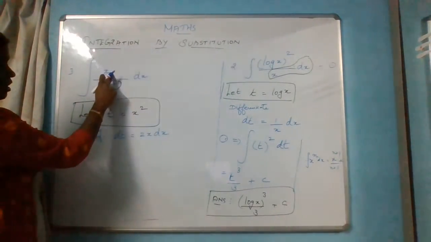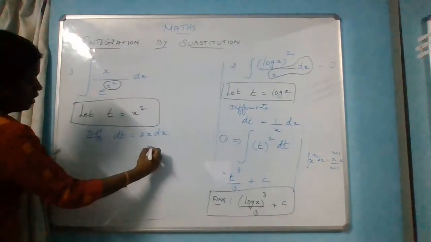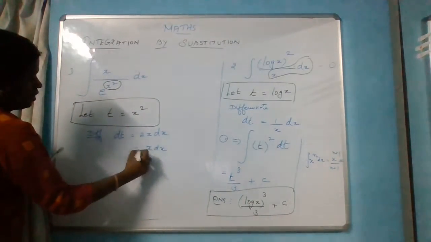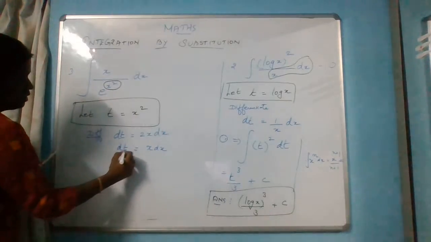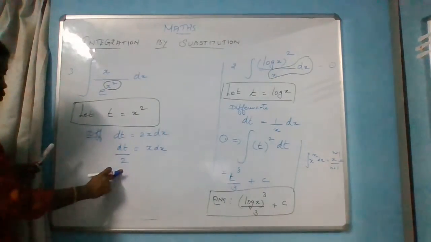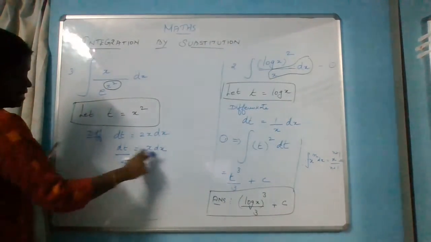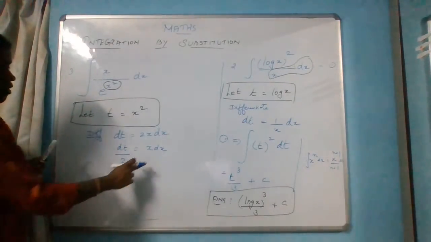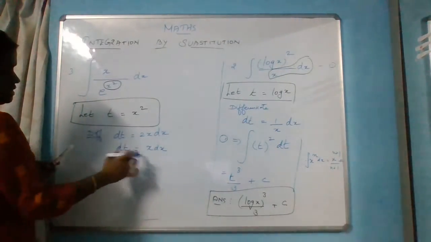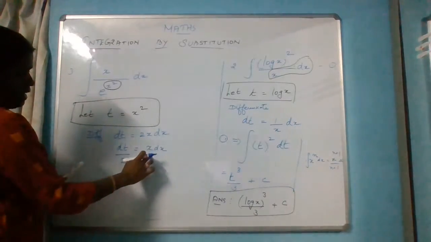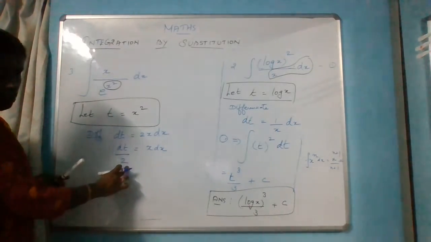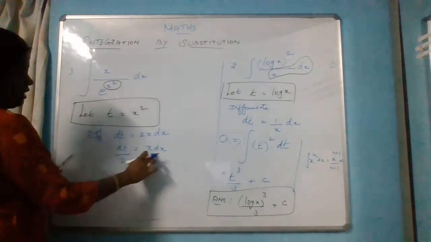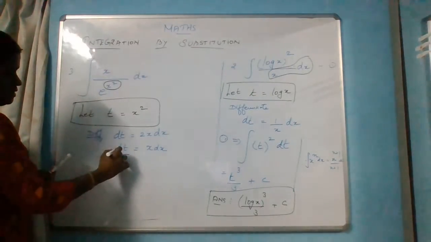What I have here is only x into dx. So what can be done? This becomes dt by 2. I can bring this 2 down so that x dx can be replaced by dt by 2. There's nothing wrong with bringing the terms down. It means the same because dt is equal to 2x dx and x dx also is nothing but dt by 2. So you can just easily infer x dx can be referred to as dt by 2.